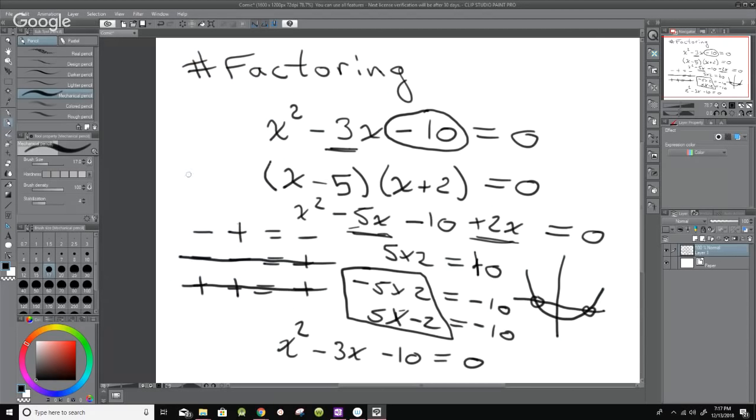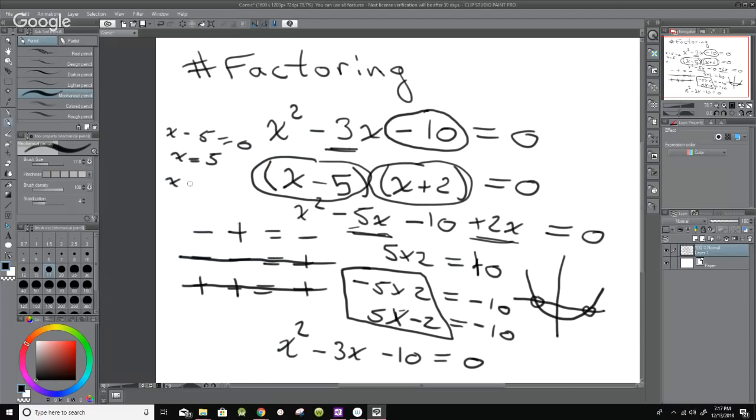So that means I need to check two things. I need to check what would make this term 0 and what would make that term 0. Because as I said earlier, one or the other needs to be 0, or both. So x minus 5 equals 0. What would make that be true? That would be true if x equals 5, right? 5 minus 5 is 0.